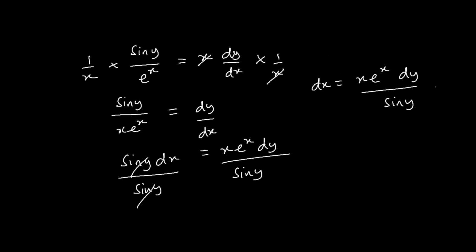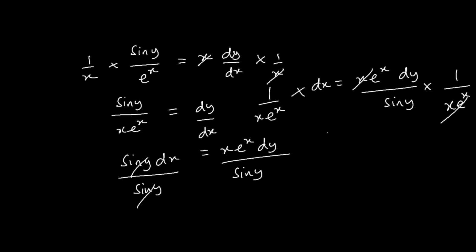To do this, I'm going to multiply both sides by 1 over x times e to the power x. When I do this, this will cancel out this, right?